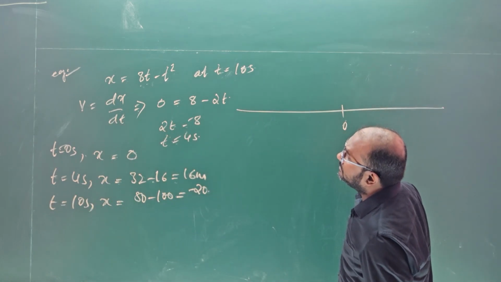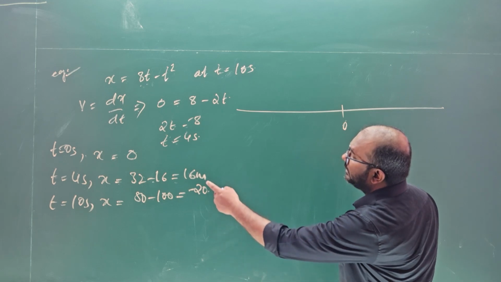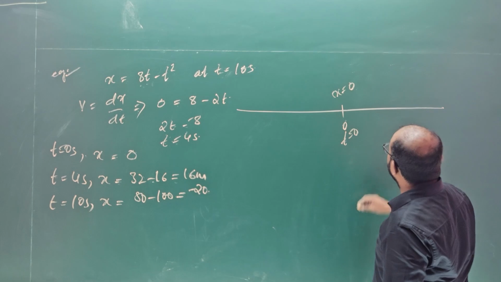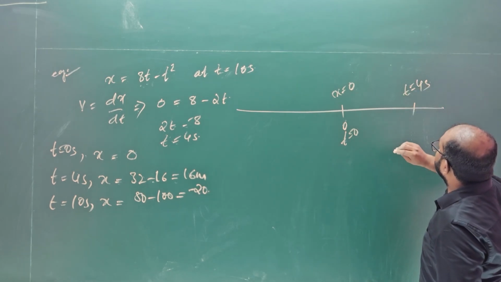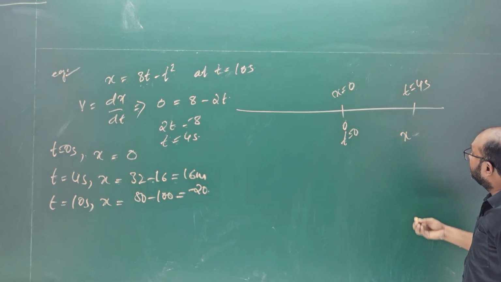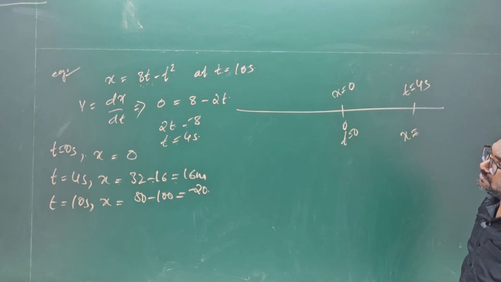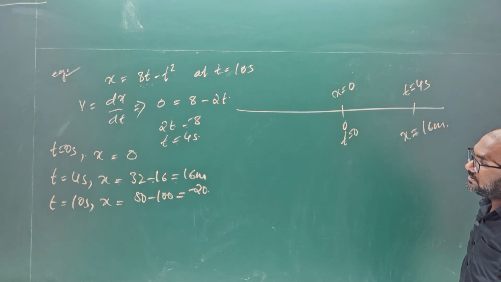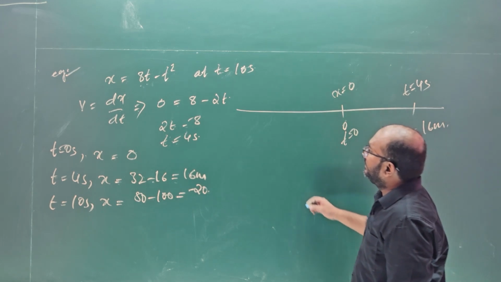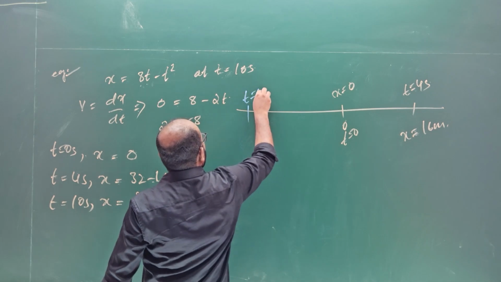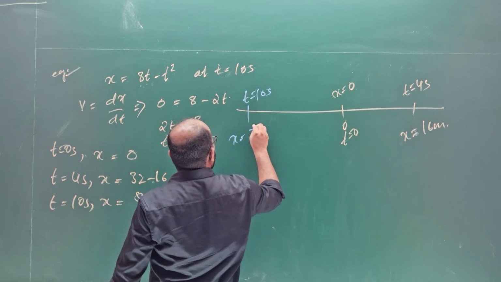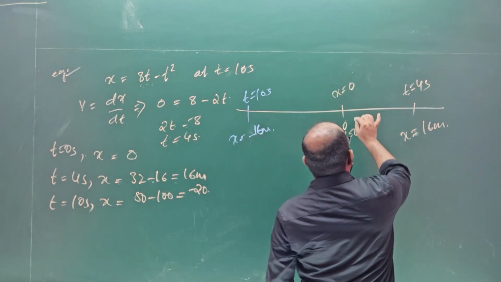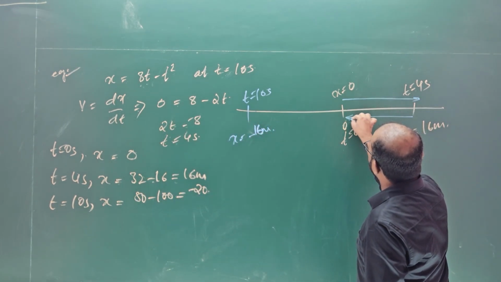So origin at t is equals to 0, x is also 0. At t is equals to 4 seconds, x is 16. Then at t is equals to 10, x is minus 20. Now, what is the displacement and what is the distance?